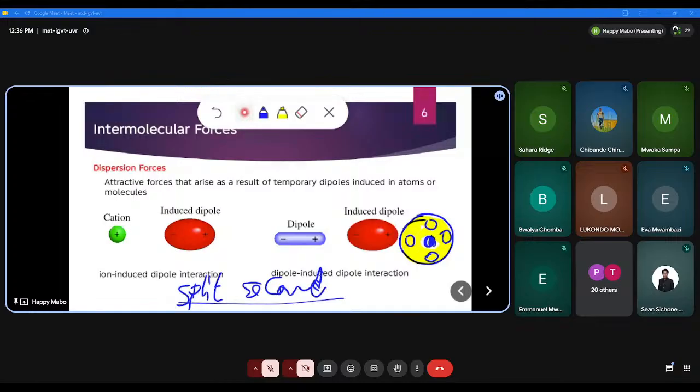When you've got an ion interacting with a non-polar molecule, there will be an ion-induced dipole interaction. If you have a polar substance, which is a dipole itself, then you're going to have a dipole-induced dipole interaction.